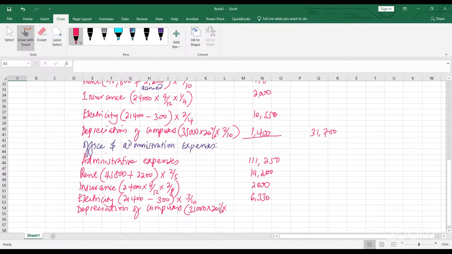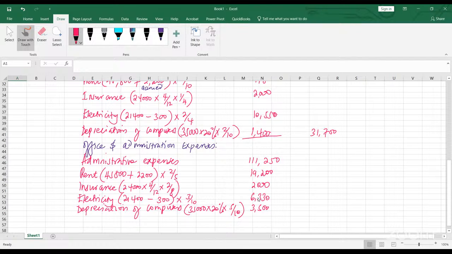Five computers, so times 5 out of 10. So how much is that? 3,500.